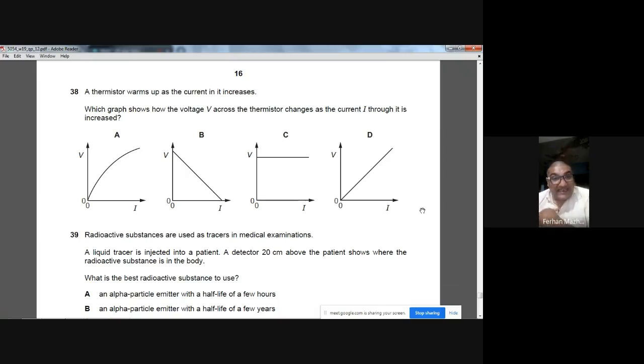As you increase the current, the thermistor warms up, its temperature rises, and due to the rise in temperature, its resistance will become smaller. Then there will be less voltage drop across the thermistor. So I think B can be the answer. 38.